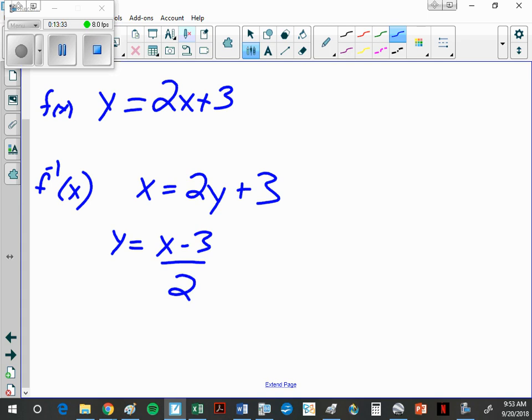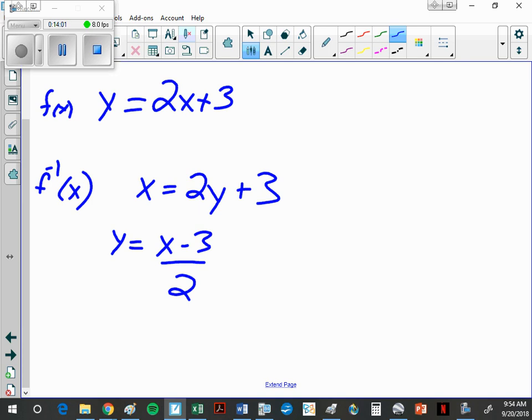What is the domain of the original? Does the original have any domain restrictions? No. So it's all real numbers. What is the range of the original? Well, what kind of graph are we looking at? 2x + 3 is a linear with a positive slope. Are there any y values that a line misses?